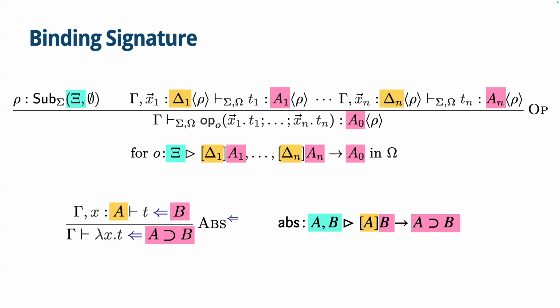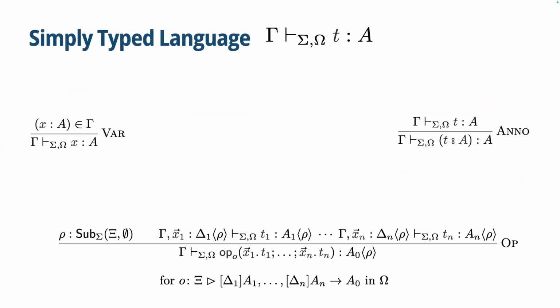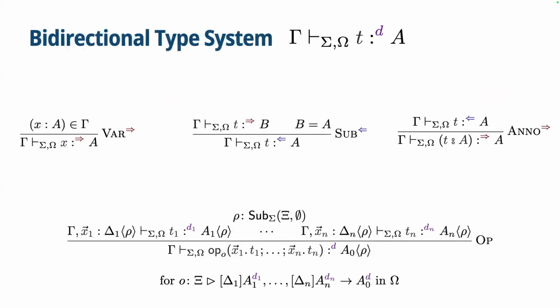Okay. So that's the language I'm talking about. This basically has three judgments. It's even less than the simply typed lambda calculus I talked about. But we want to go from an ordinary type system to a bidirectional type system.